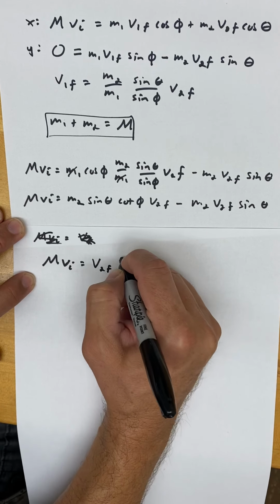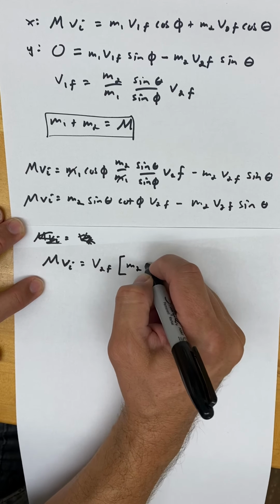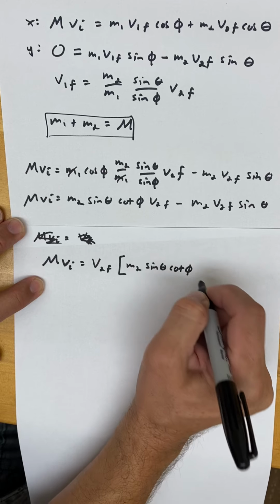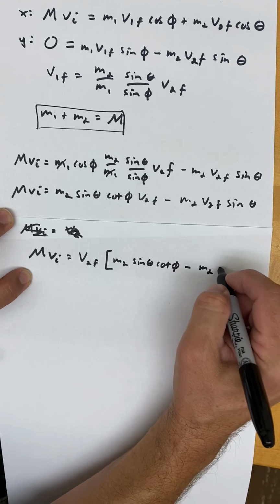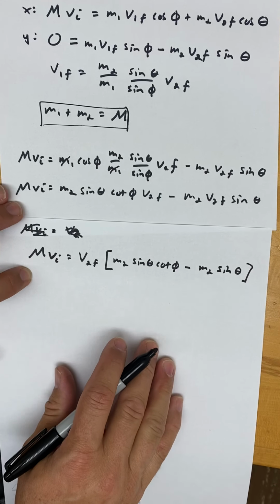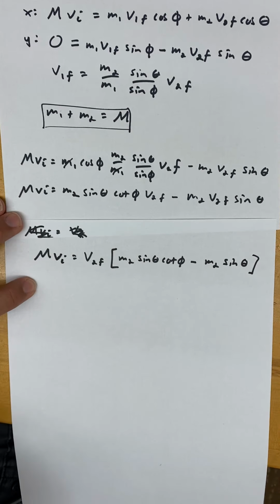What's left here? M2 sine theta cotangent phi minus M2 sine theta. And yep, lost my M1s like I should have.